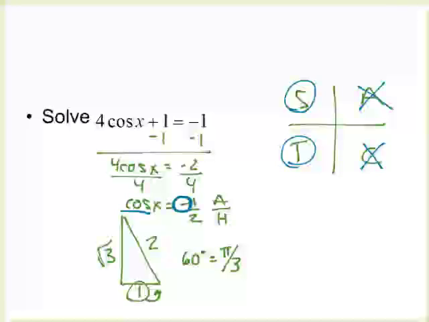So now in those 2 quadrants, if I would draw my angle in the second quadrant, well, how big is half of a circle in this problem? How big is half of a circle? Pi. And in this question, we'll say that it's 3 pi over 3 because we're working with pi thirds. So if I land in that second quadrant, I don't make it all the way to 3 pi over 3. Where do I stop? 2 pi over 3.